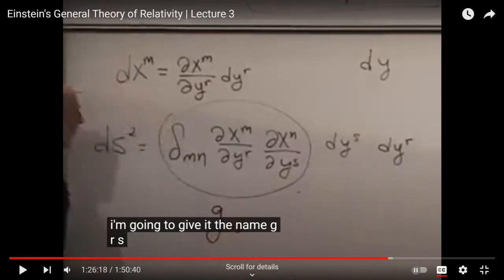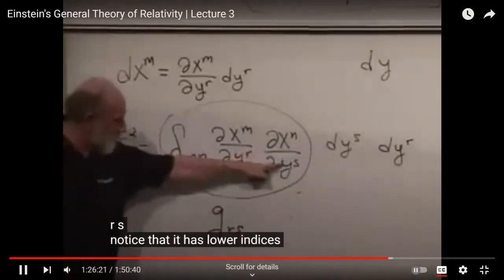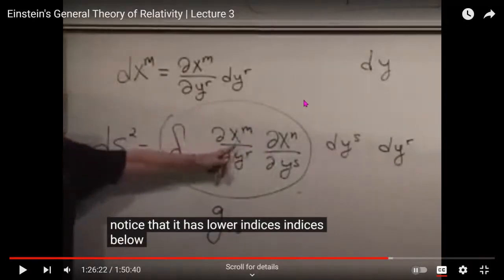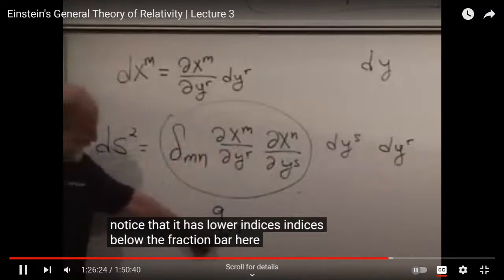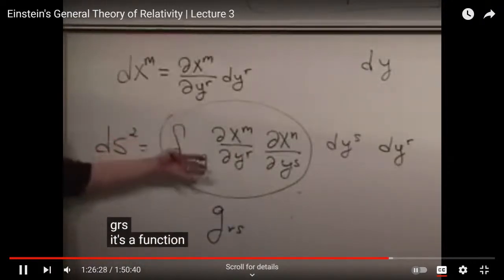We're going to end up with this thing in the final equation. Notice that it has lower indices below the fraction bar here. GRS. It's a function of position in general.